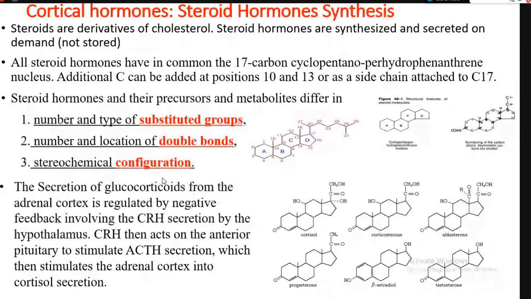Remember these 3 points. The secretion of glucocorticoids from the adrenal cortex is regulated by negative feedback involving the corticotropin releasing hormone secreted by the hypothalamus. Corticotropin releasing hormone then acts on the anterior pituitary, stimulating ACTH secretion, which then stimulates the adrenal cortex to secrete cortisol. This is called the hypothalamo-pituitary adrenal axis.